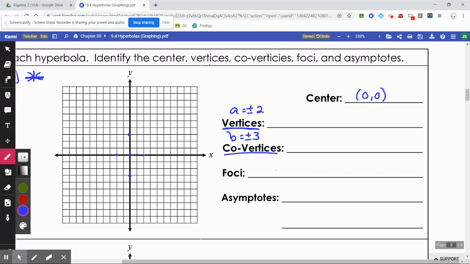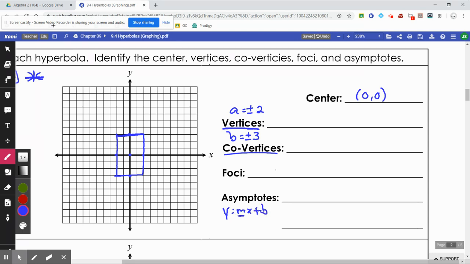And the next thing that I like to do is use that to draw our box. And there's going to be the box that we're going to use to help us draw the actual hyperbola. Reminder that the asymptote lines are going to pass through the corners of those boxes. So if you'd like to, we could go ahead and actually find those asymptote lines. Again, the asymptote lines are going to be y equals mx plus b form lines.